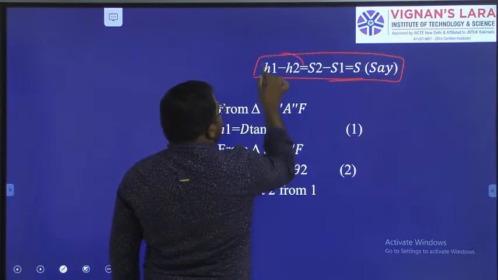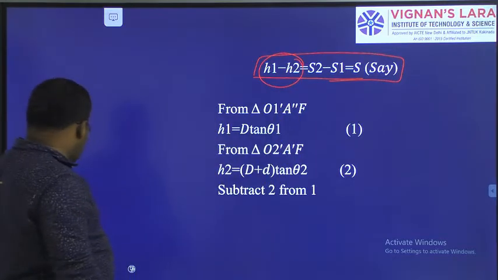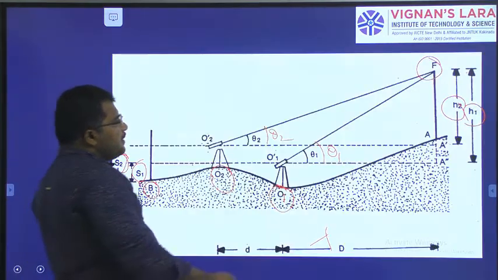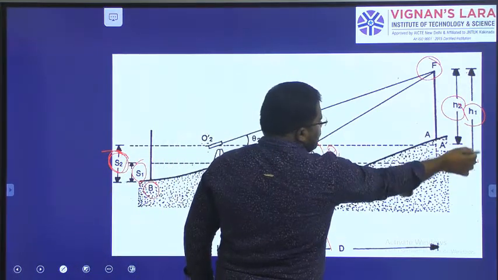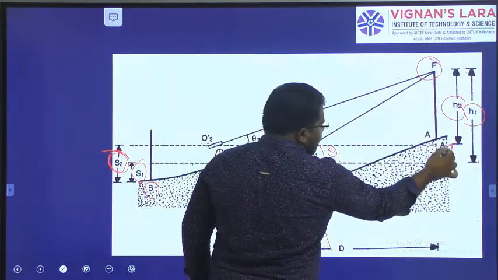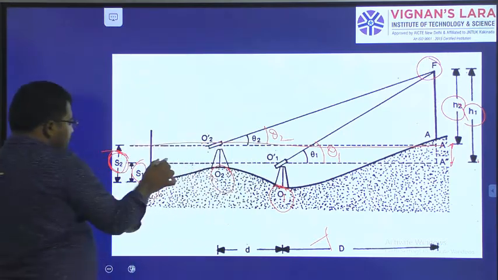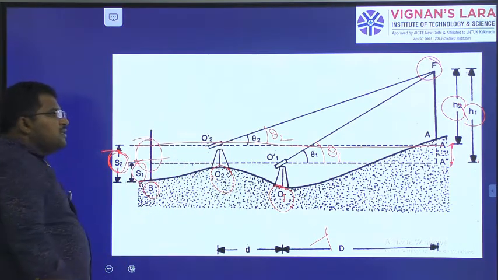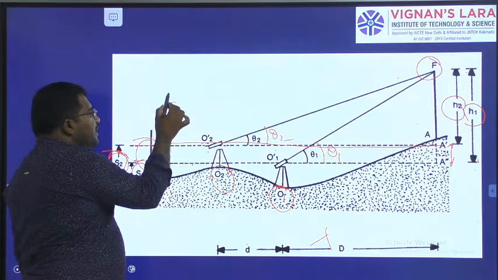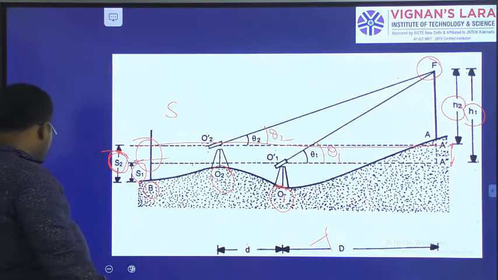We can see here that the difference between H1 and H2 is this value, which is the same as the difference between S1 and S2, and this we are going to take as S.